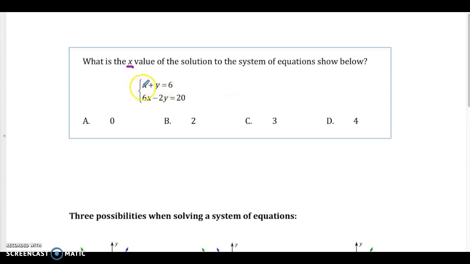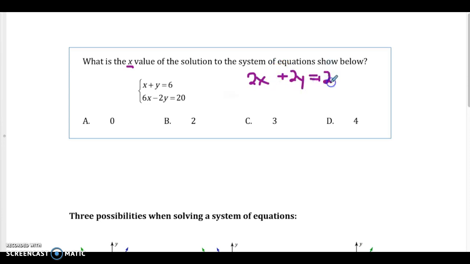And I would multiply my top equation by what? I need to multiply it by 2 so that I eliminate my y's. The nice thing is, if I do that, my solution should be my x value, right? So if I multiply that top equation by 2, I'm left with 2x plus 2y equals 12.